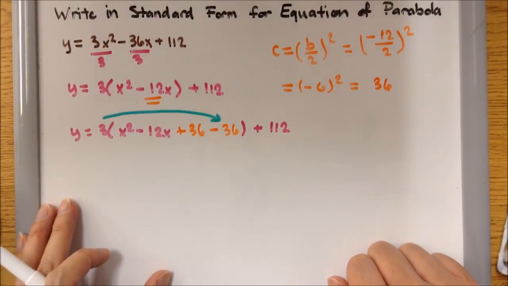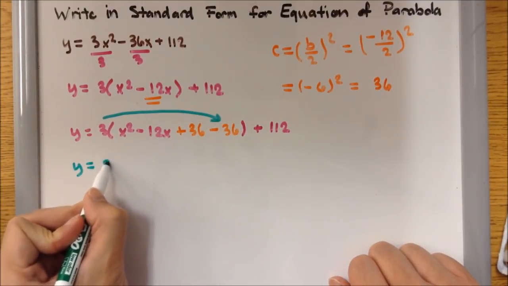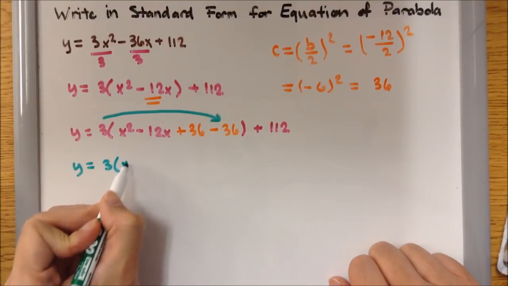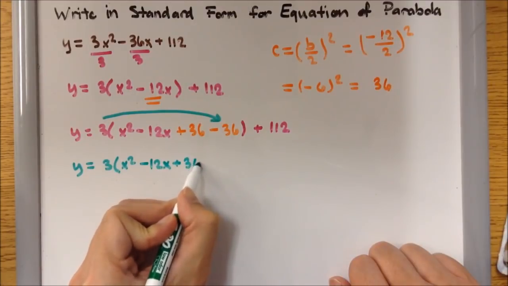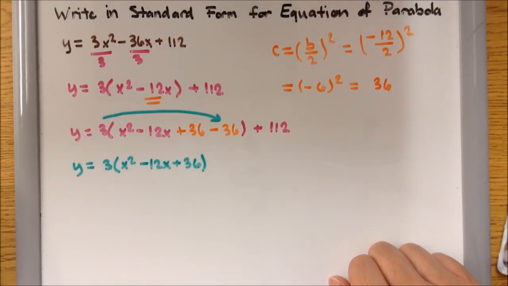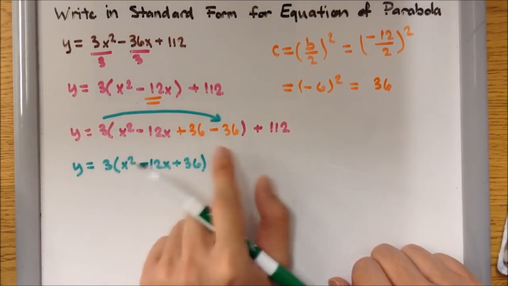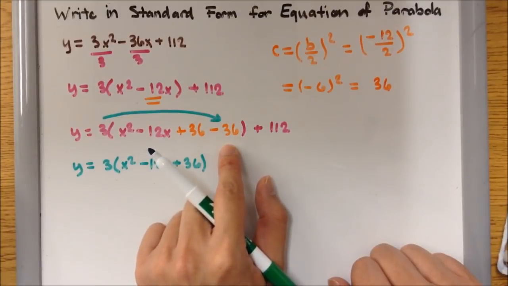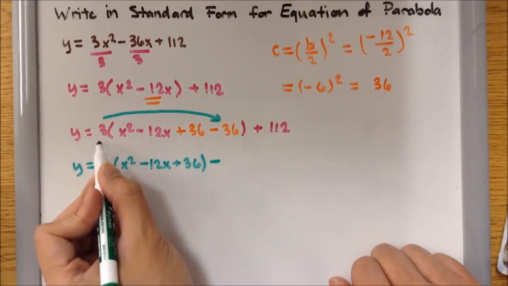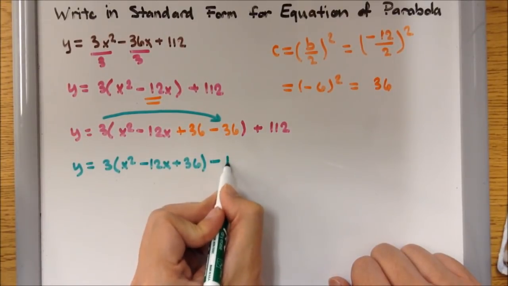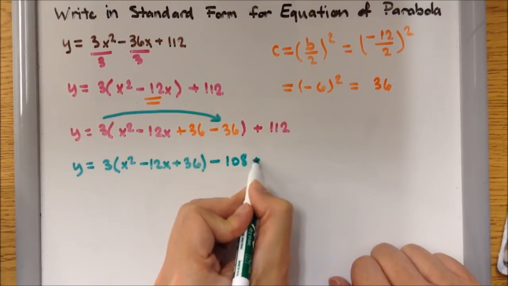So when I distribute the 3 to the negative 36, it's going to be y equal 3 open parenthesis x squared minus 12x plus 36, and then close parenthesis, and then I redo the 3 times negative 36 because I'm distributing, and then have it outside the parenthesis, so it's going to be minus, so 3 times 36 will be 108, and then the plus 12.